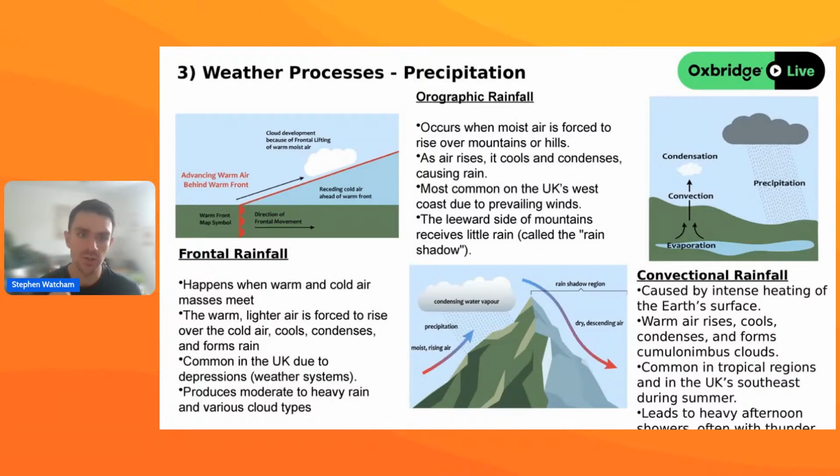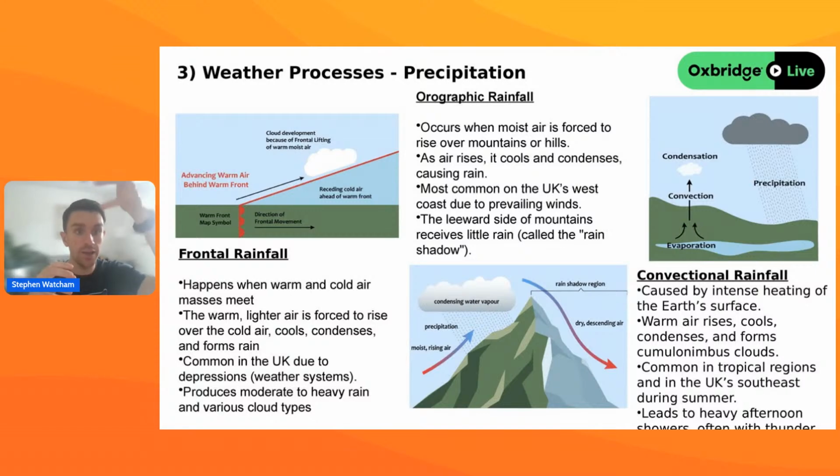The first of those conditions, what we call frontal rainfall. This happens when warm and cold air masses meet together. So you get warm, cold coming together. That warm air is lighter and therefore it is forced to rise over the cold air.